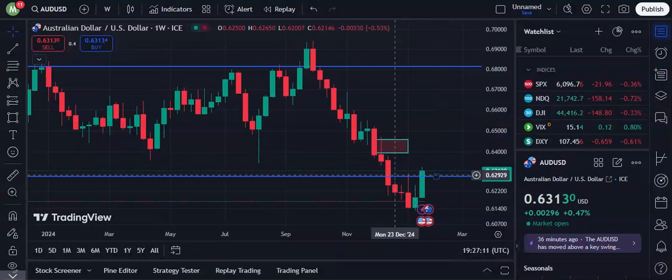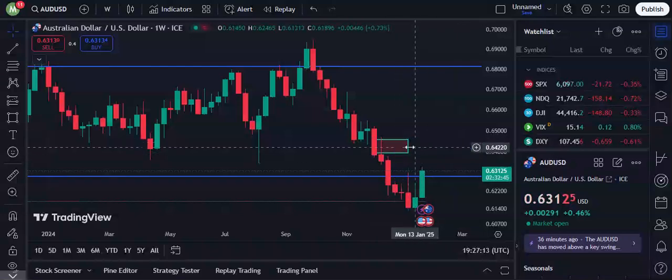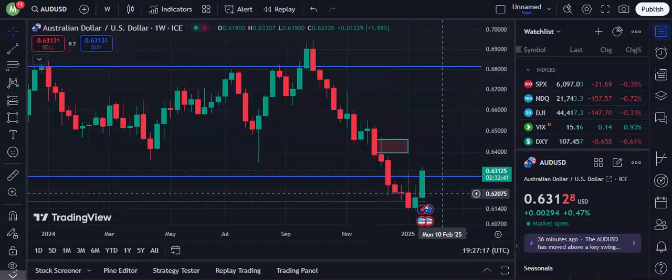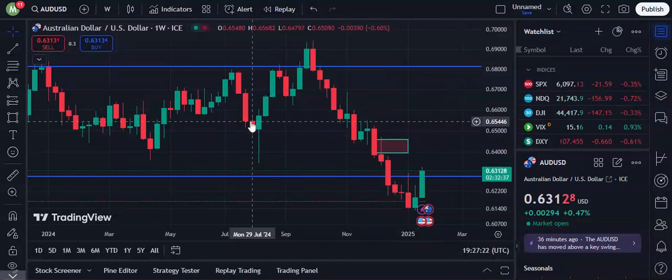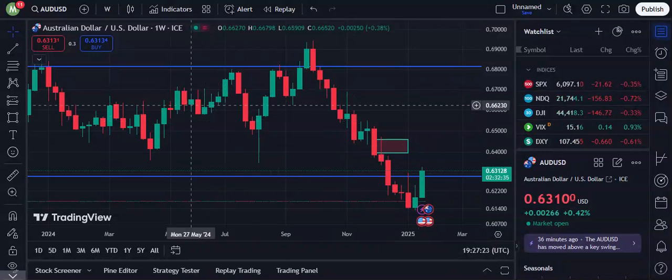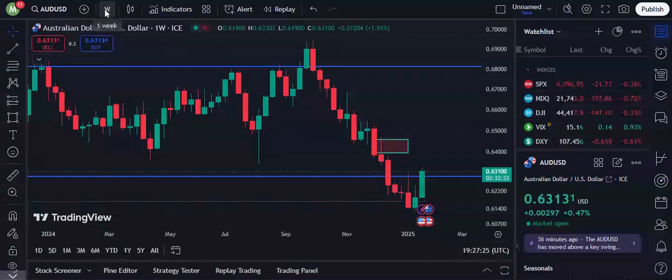That is a supply area that you are waiting for price to come and hit. If price hits and gives us a confirmation, we are going to be selling as soon as possible. So that is what we have to trade on AUD USD.